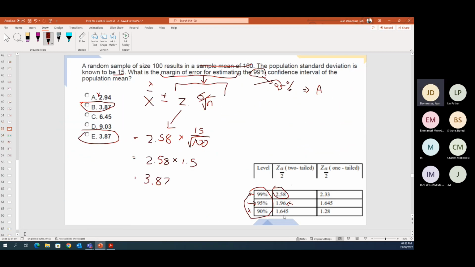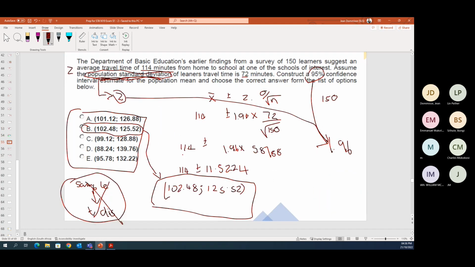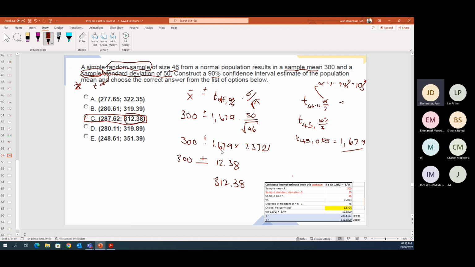So for 90%, we would have used 1.645. 1.645 times 7.3. So luckily, your answer would not have been here. So that is at least good.